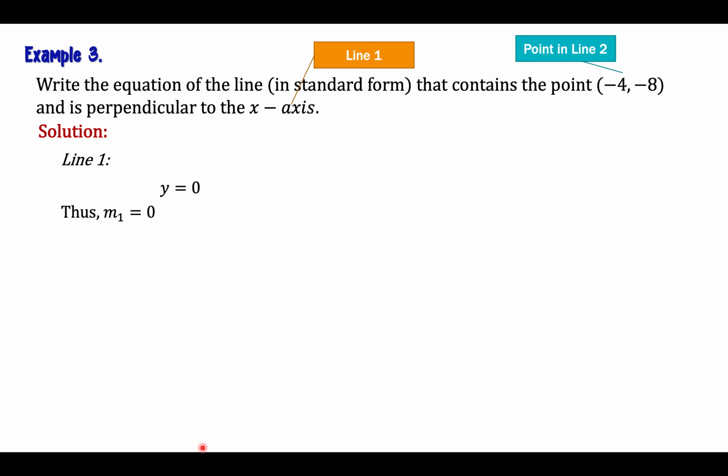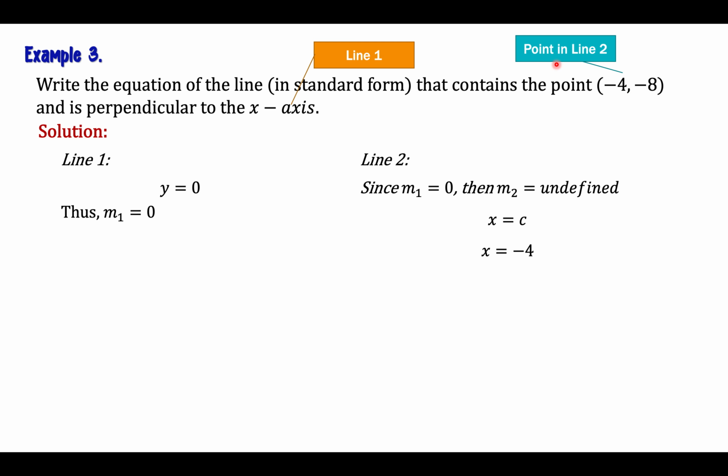Therefore, you have m sub 1 to be equal to 0. So for line 2, its slope must be undefined, or it should be a vertical line. When we say vertical line, it's just equivalent to x equal to c, right? And we're just going to look at the x coordinate of the point it passes through, and that is -4.